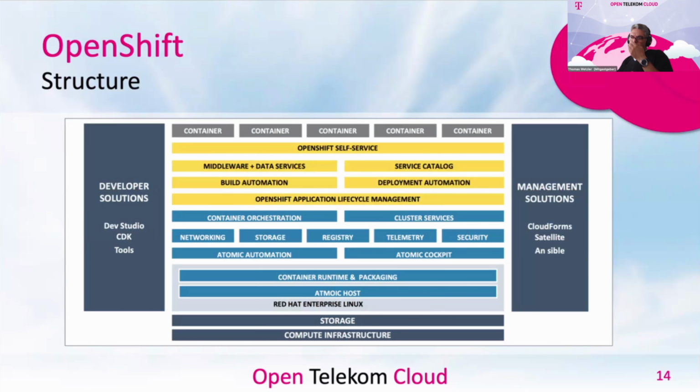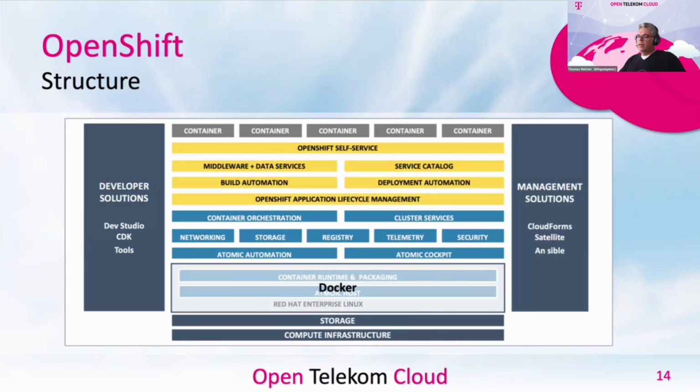So this is the most famous picture about OpenShift, you can say. This is the architecture picture. You can see here the hardware components and so on, the layers which OpenShift consists of. These layers are provided by the Docker product, which OpenShift is built on.